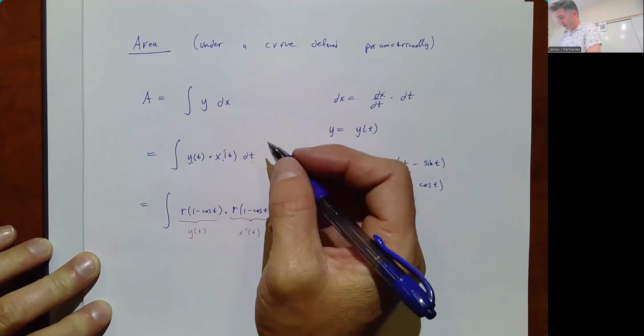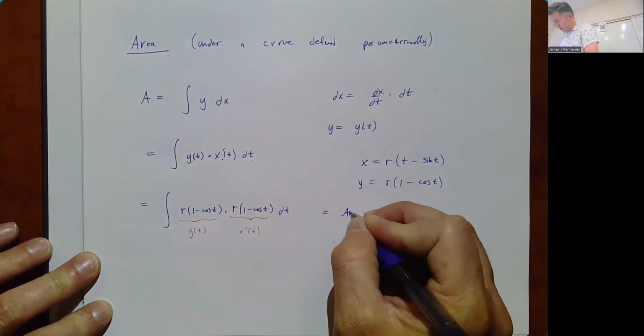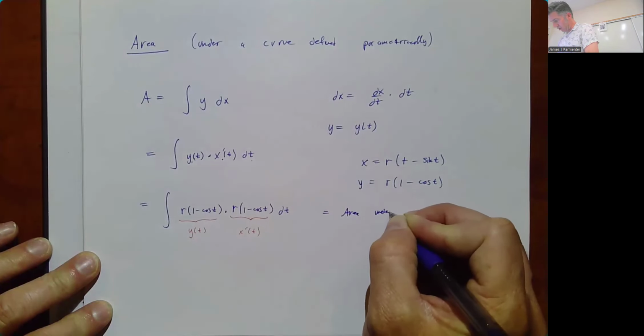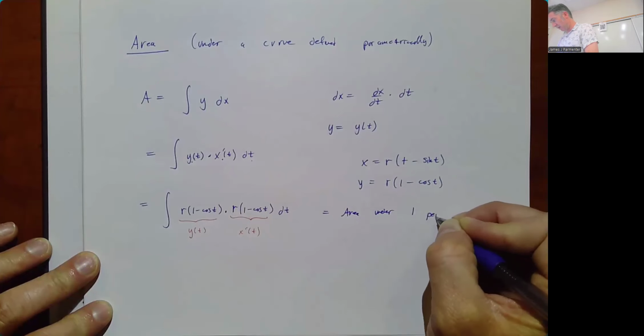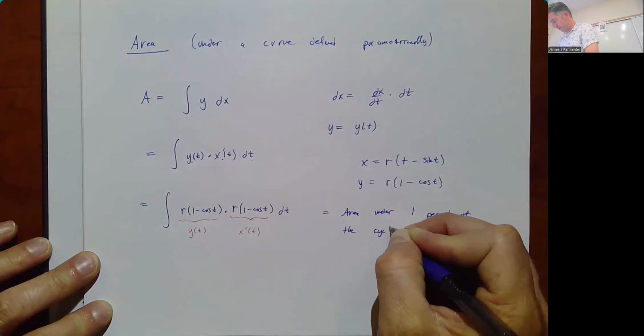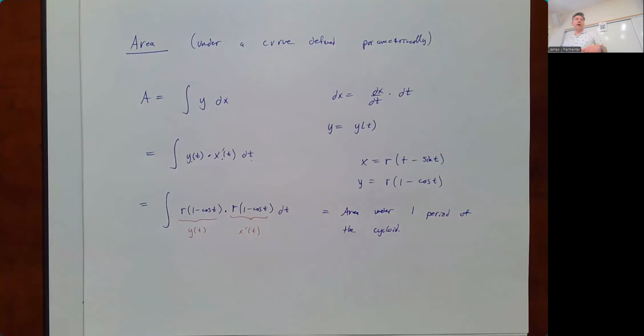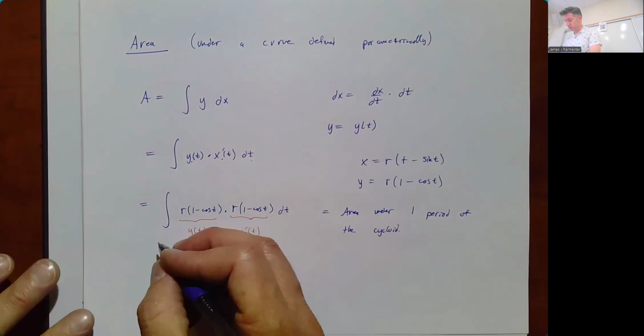So specifically here, this is the area under one period of the cycloid. Meaning we're going to let t go from 0 to 2 pi because that's how much angle we need to get one full revolution of the wheel.